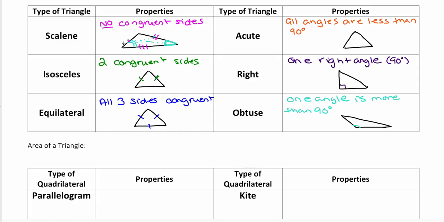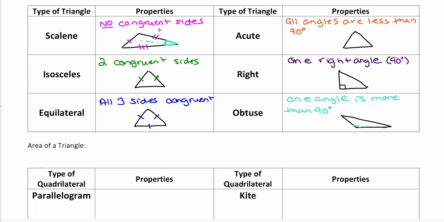Because the smallest side goes with the smallest angle, the medium side goes with the medium angle, and then your largest side, which is three tick marks, goes with the largest angle. But again, it's across from it. It never actually touches it. So I would put three arcs on here as well. And we can see that this angle is clearly bigger than that first angle that I drew.